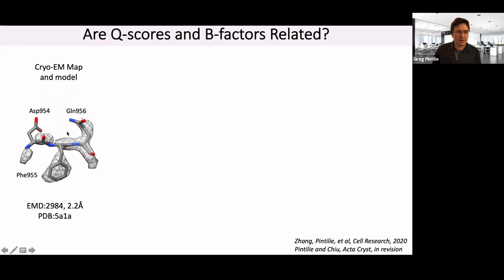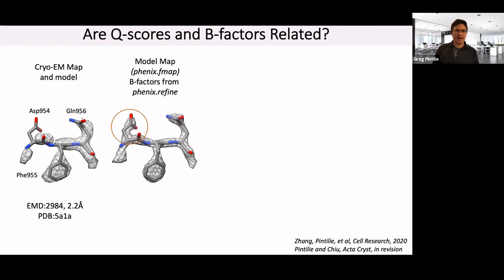So, I think B factors are quite useful in crystallography, and we're starting to look at how we can apply them to cryo-EM as well. Basically one way to apply them is to see what the effect of a B factor is if we take a model and calculate some B factor for it. We can use those B factors when we generate a model map.